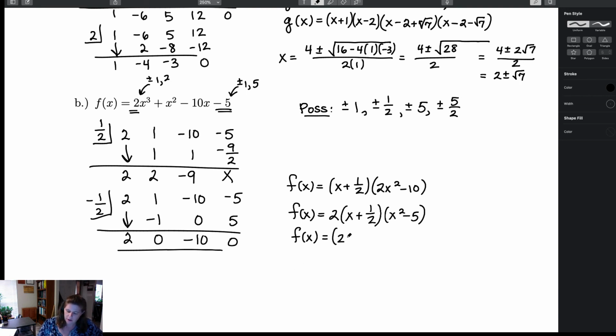So here I have 2x plus 1 times x squared minus 5, a difference of squares, just not nice ones, so x minus the square root of 5 times x plus the square root of 5.